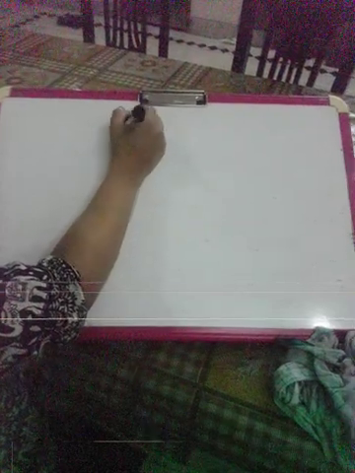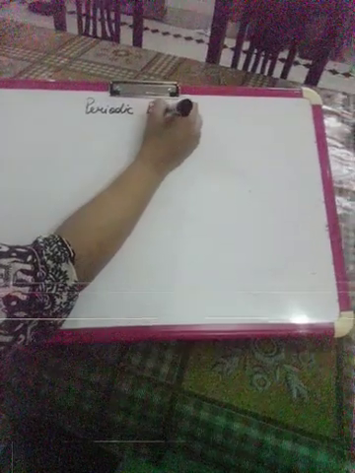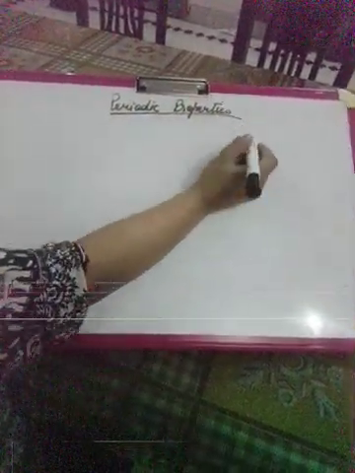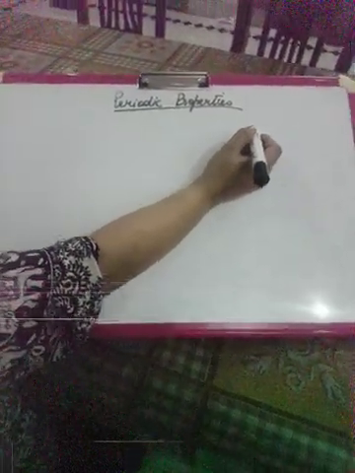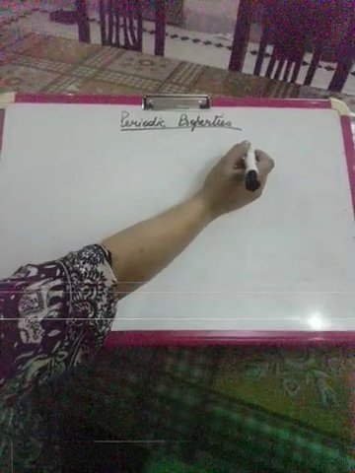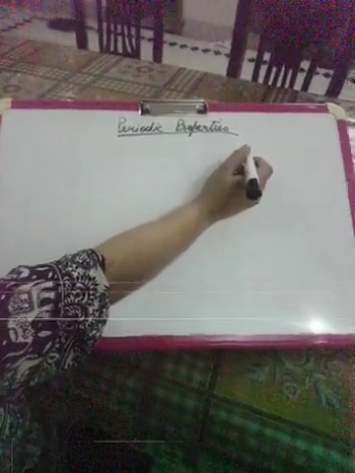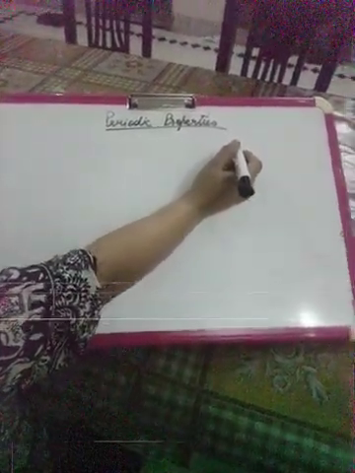Now we will start a new topic, periodic properties. Periodic properties are the properties which are directly or indirectly related to the electronic configuration and show gradual change when we move from left to right in a period or top to bottom in a group.